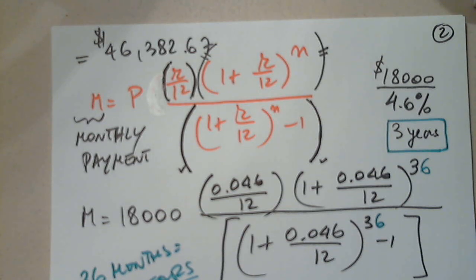Okay, so we'll see in a moment if it's reasonable. We should always ask ourselves, is it reasonable? Okay, so 18,000, sorry. So now, in parentheses, 0.046 divided by 12.